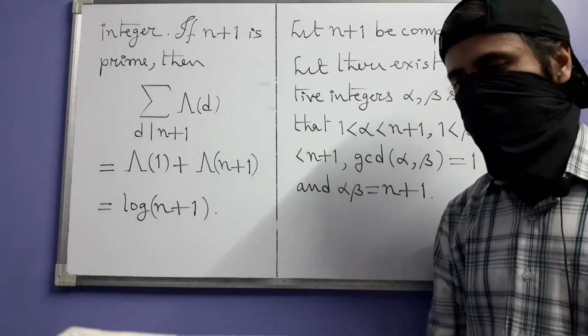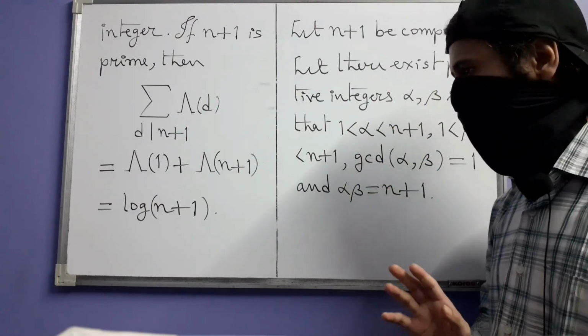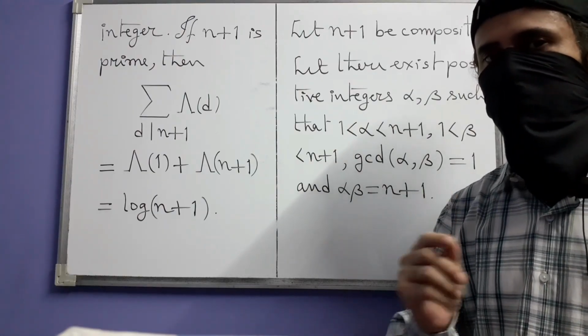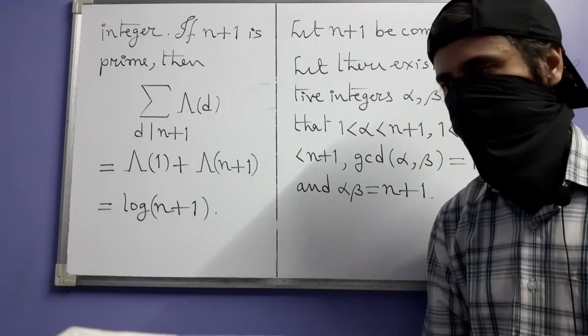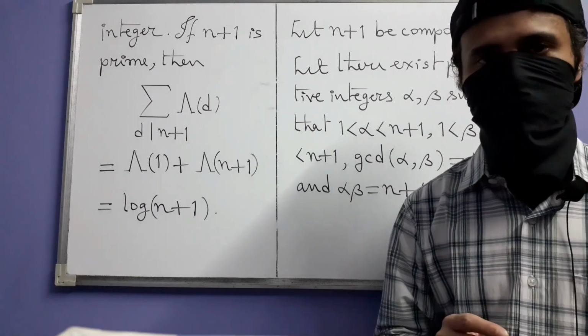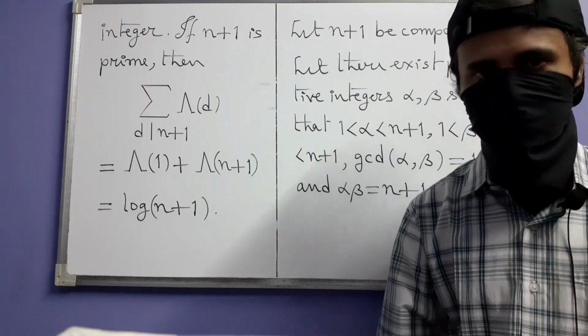Now if you think of this entire thing for a while, let's just think of an example. Say n plus 1 is 12. Now what is the prime factorization of 12? 2 squared times 3, 4 times 3 is 12.